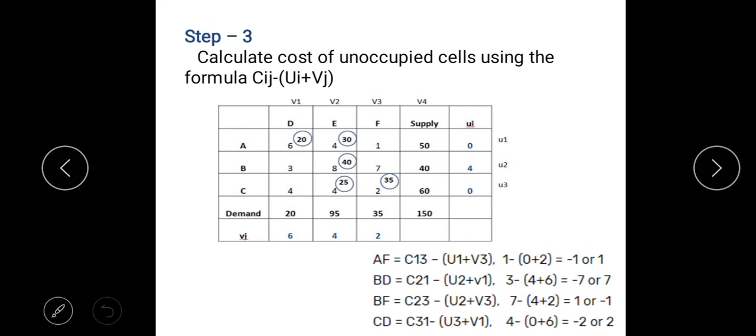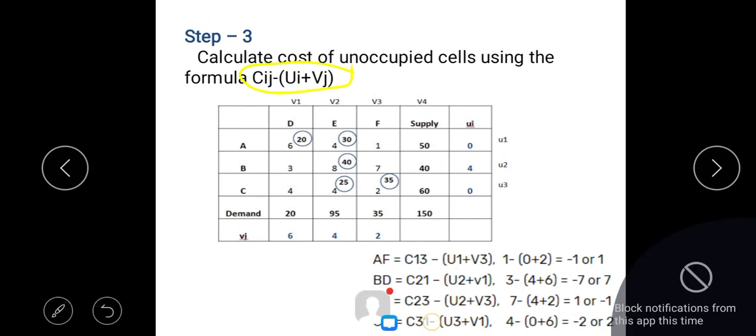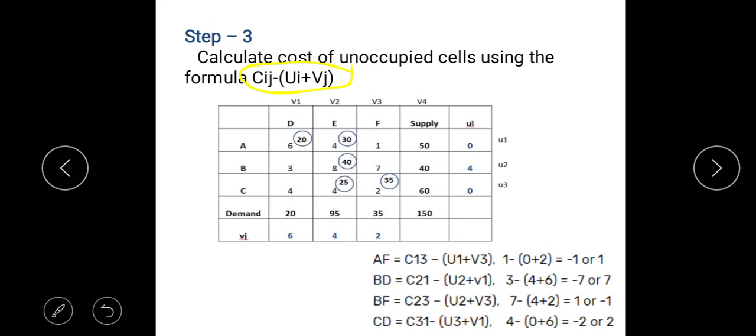So there is a formula to calculate the penalty cost of an unoccupied cell. Always, the penalty cost must be calculated for unoccupied cells. So in this case, which is the unoccupied cell? AF, this is the unoccupied cell.